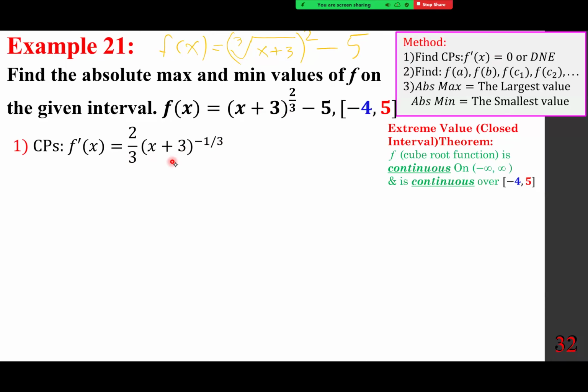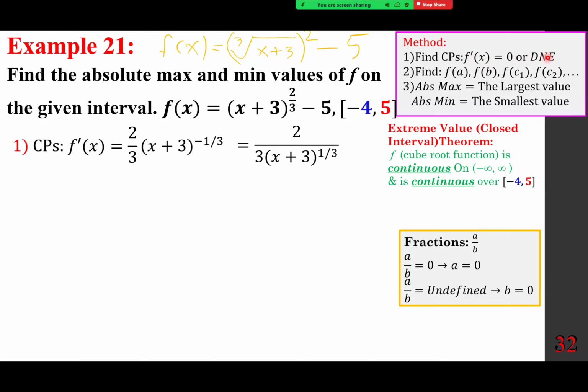We rewrite this so it goes down and takes a positive exponent, and we look at f prime equals 0, f prime doesn't exist. I'm going to remind you, a fraction of the form a over b is 0 if a is 0, meaning a fraction is 0 when the numerator is 0. A fraction is undefined when the denominator is 0.